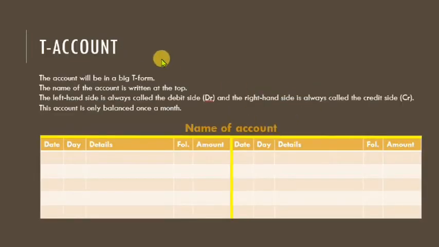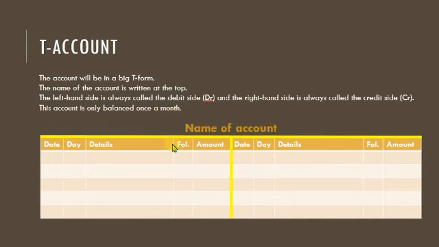Now let's look at how a T account will look like. Now this is how the general ledger will look like. You will prepare these kind of T accounts. It's a T account. You will see here we have the yellow. It's a big T. Therefore, we call it the T account. The name of the account is written at the top. Here we have the name of the account, so we will write the name here.